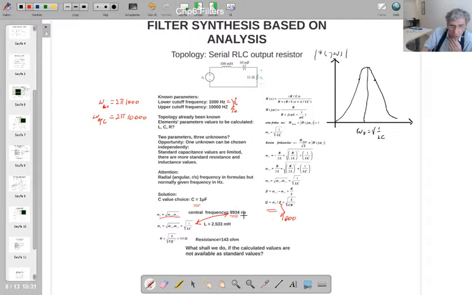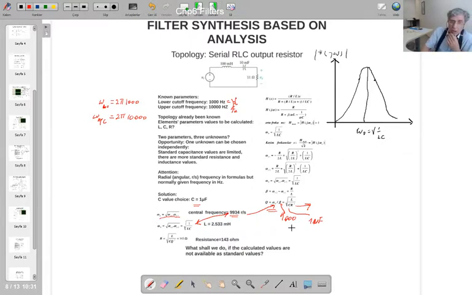Central frequency is this. So I know Q. On the other hand, I know this is equal to this. We already found the capacitor, 1 microfarad. So we can calculate the R value. If you do this calculation, you end up with 143 ohm. So this is a reasonable resistor value.